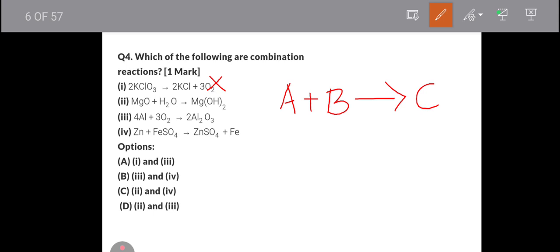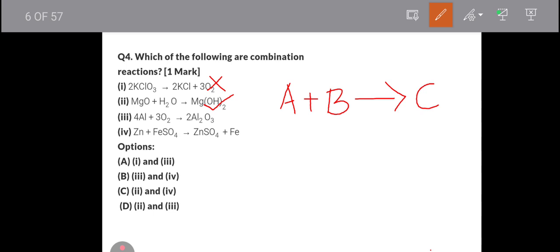Now you have to see the second option. In the second option, what is given? MgO plus H2O gives Mg(OH)2. You just see here, we have taken two reactants and the product is a single product. So you can call this a combination reaction, because combining of two reactants to form a single product has taken place here.